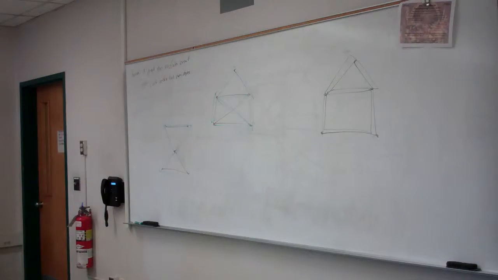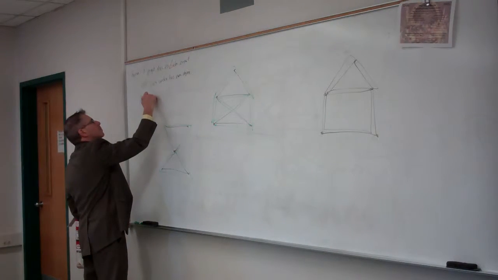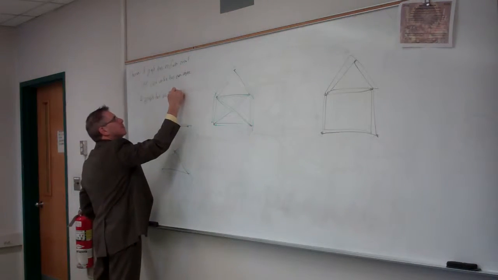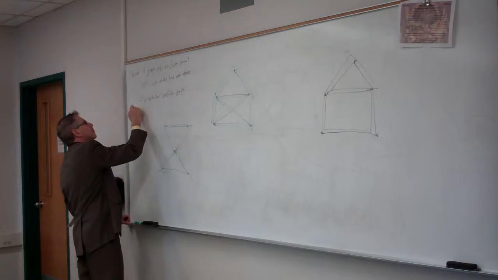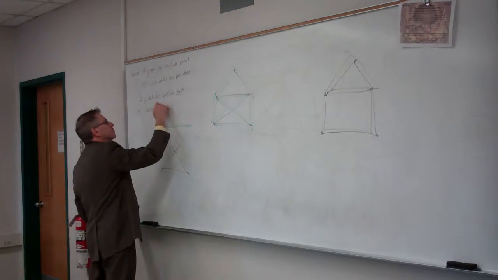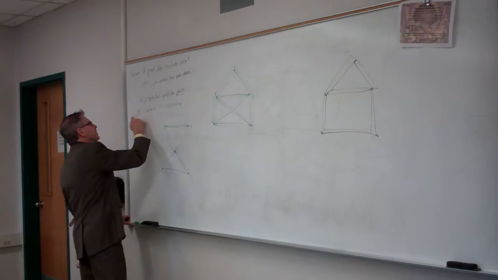But doesn't the house have odd degree? But the house doesn't have a circuit, it has a path. Oh. So there's a second part to this. A graph has an Euler path if and only if exactly 2 or 0 vertices have odd degree.